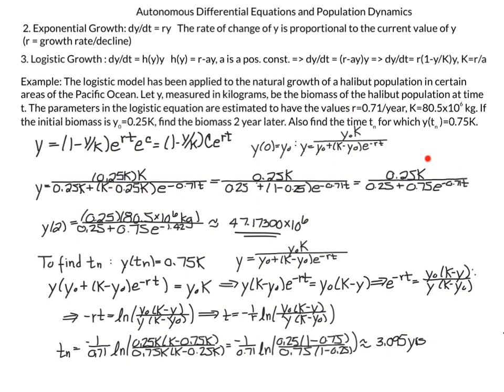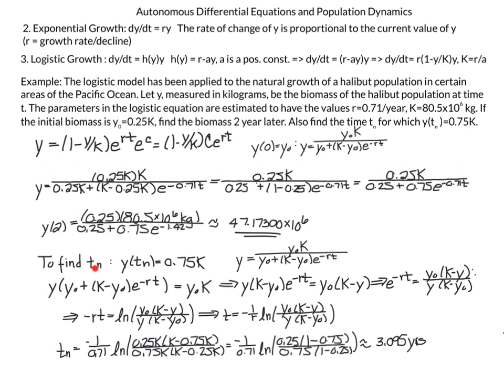After some algebra, we reduce our equation to y equals 0.25k over 0.25 plus 0.75 e to the minus 0.71t. So if we want to find the biomass 2 years later, we can plug in t equals 2, and we get approximately 47.173 times 10 to the 6th.